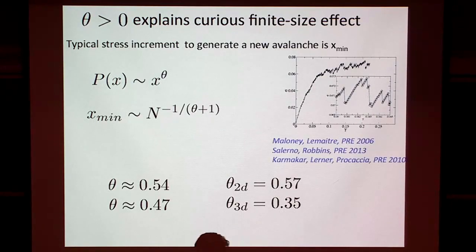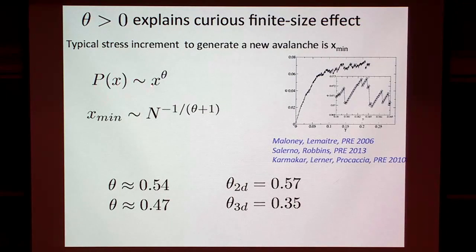There is good evidence that actually our prediction is accurate. Because this exponent theta, when it's larger than 0, is directly connected to the weird finite size effect I told you about at the beginning of the talk. This is just because the amount of stress that you can increase before you trigger an instability is x mean, the smallest distance to threshold in your entire system.